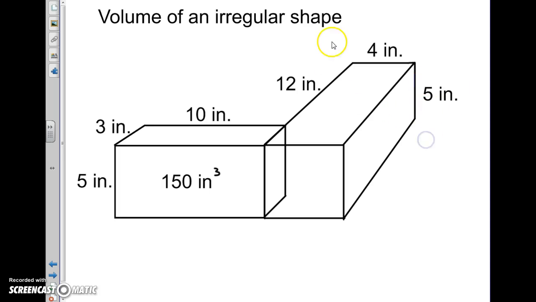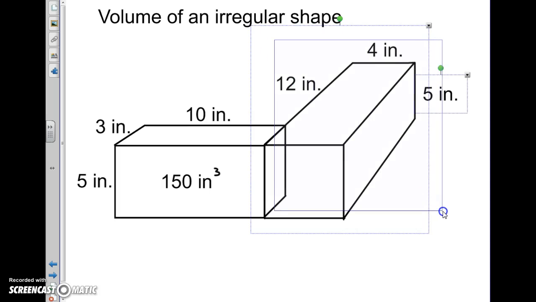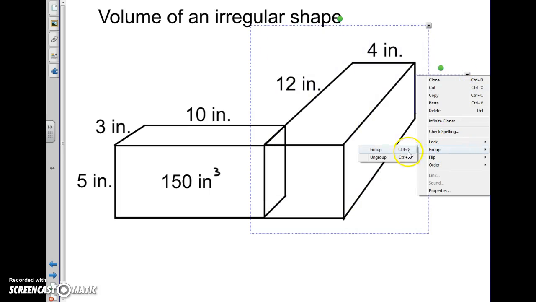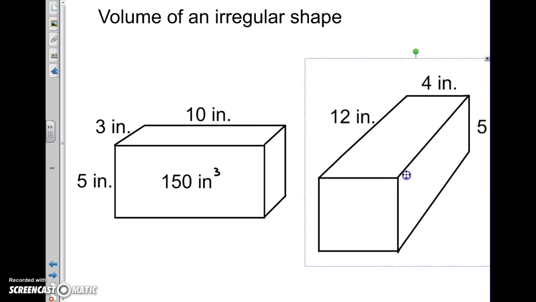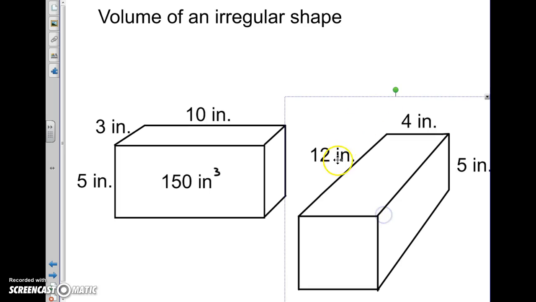Okay, so now let me put those all together. Okay, so now I'm going to separate this again. So now we know that this rectangular prism has dimensions of 12 by 4 by 5. Again, I'm going to multiply those together.